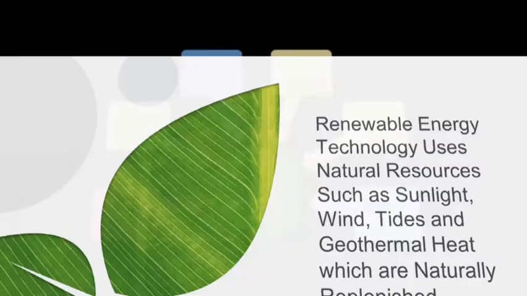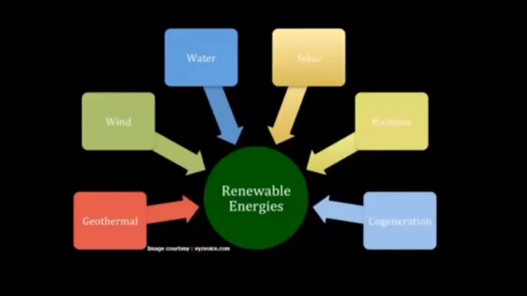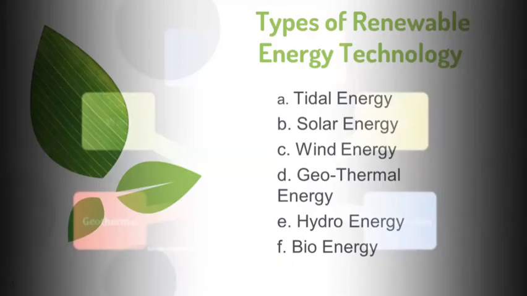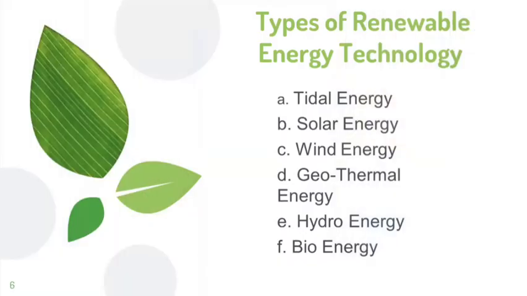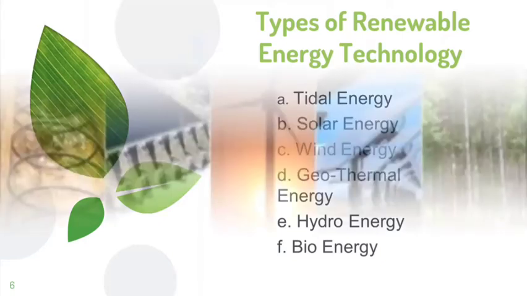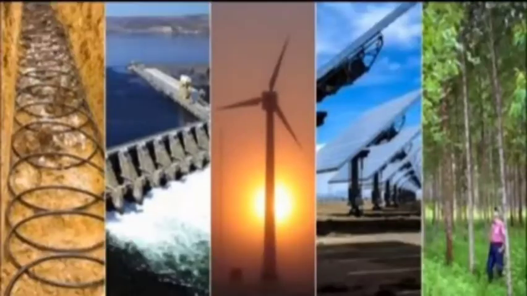They are also known as non-conventional energy resources. There are many types of renewable energy such as tidal energy, solar energy, wind energy, geothermal energy, hydro energy, and bioenergy. These technologies enable us to create electricity, heat, and fuel from the renewable sources.